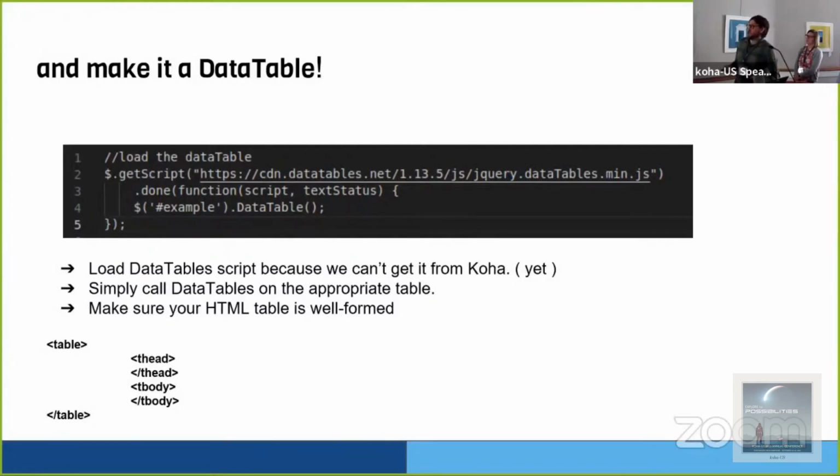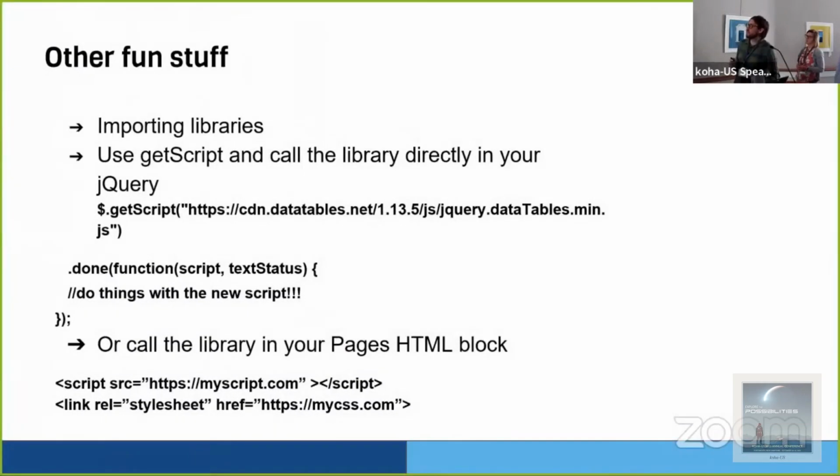Like I said, some of the things available in Koha aren't available by default in pages. So I'm using another jQuery method, getScript, to call some DataTables script from a CDN, and taking the table from the last example and making it a DataTable. We'll show that off in a second.